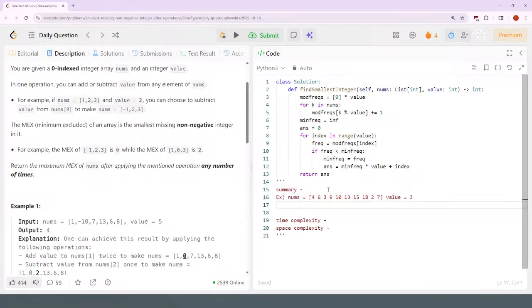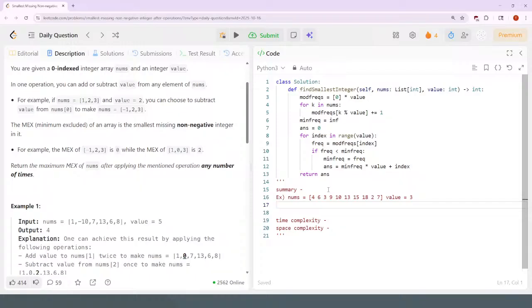So what this means is each number, I'm going to translate it to a value that's either 0, 1, or 2. And that's going to be the equivalent of that number in that mod arithmetic. So 4 would translate into 1 because 4 minus 3 is 1.